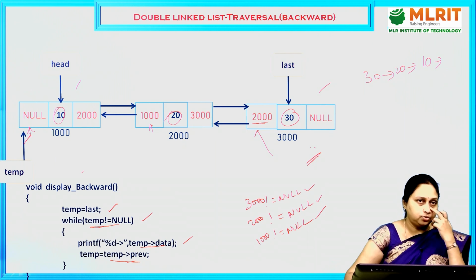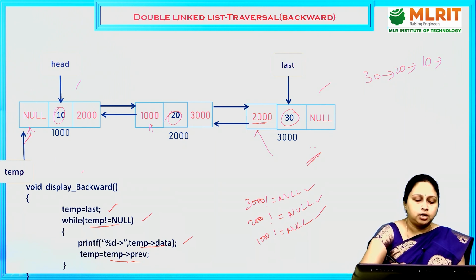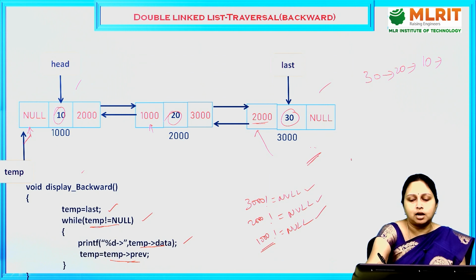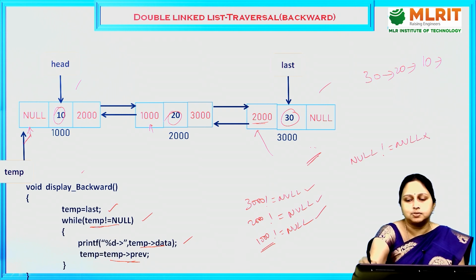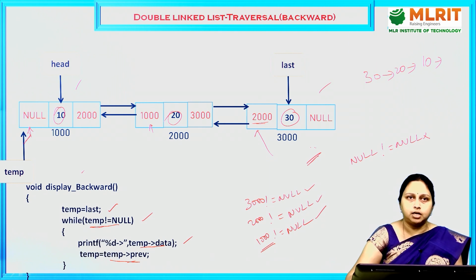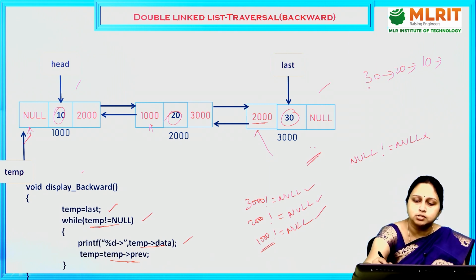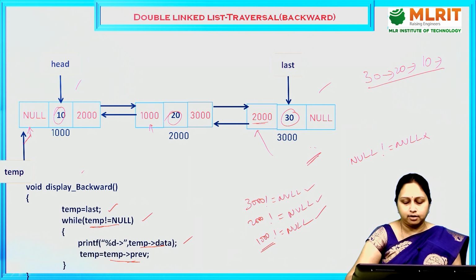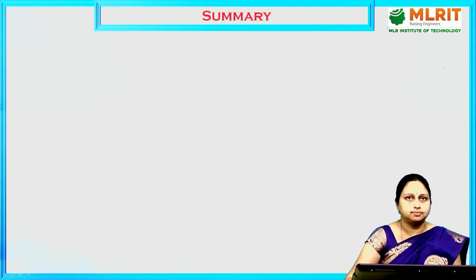It will be moving to the null value. Now it is going to check the loop condition, null not equal to null. Now the condition fails. Now your loop will be terminated. And what are the elements that were displayed here? 30, 20 and 10. This is about double linked list traversal backward representation.